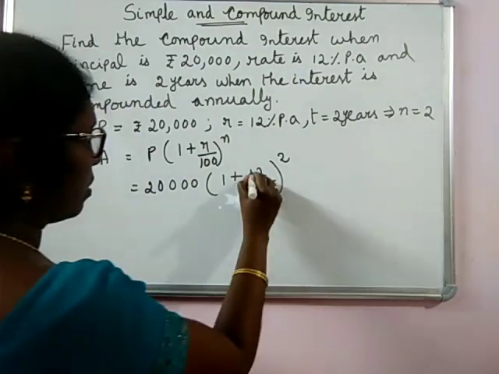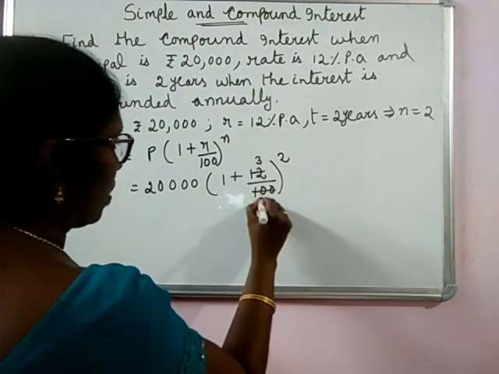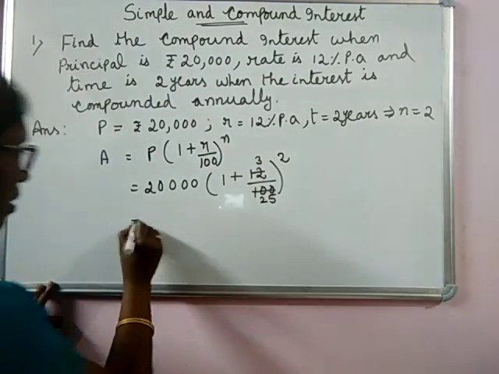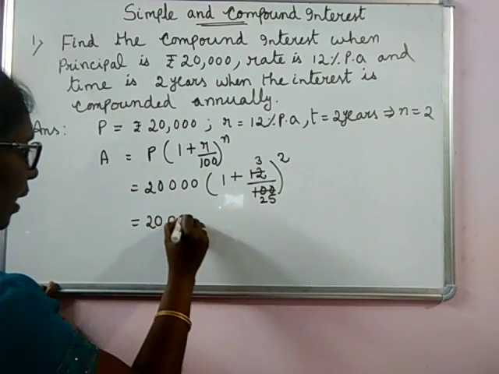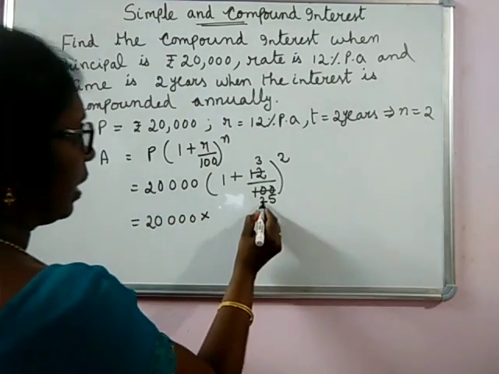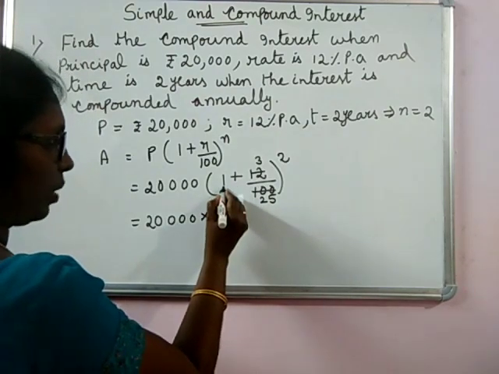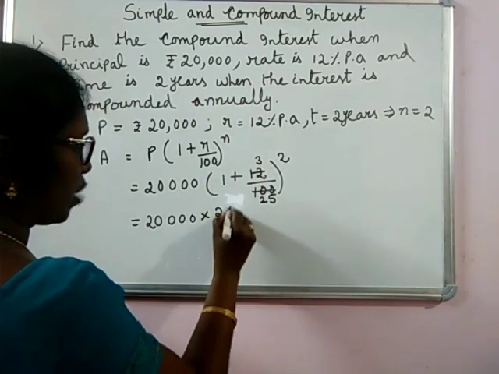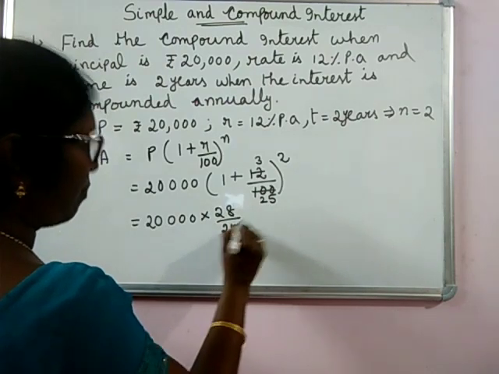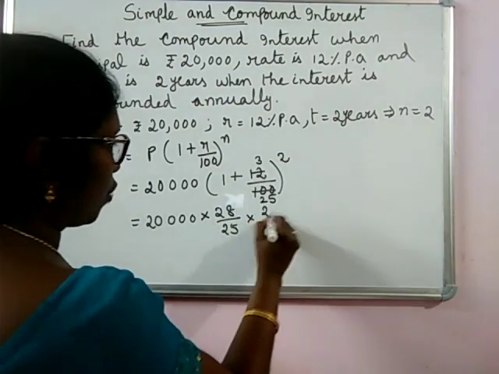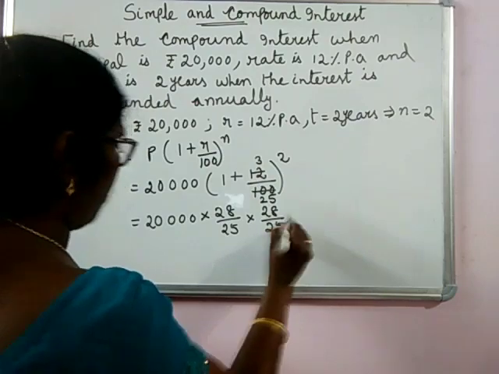You see this one, 4 3s are 12, 4 25s are 100. That means 20,000 into, here denominator 25 is there, so 25 by 25 you have to think. 25 plus 3 is 28 by 25. Square is there. So 28 by 25.